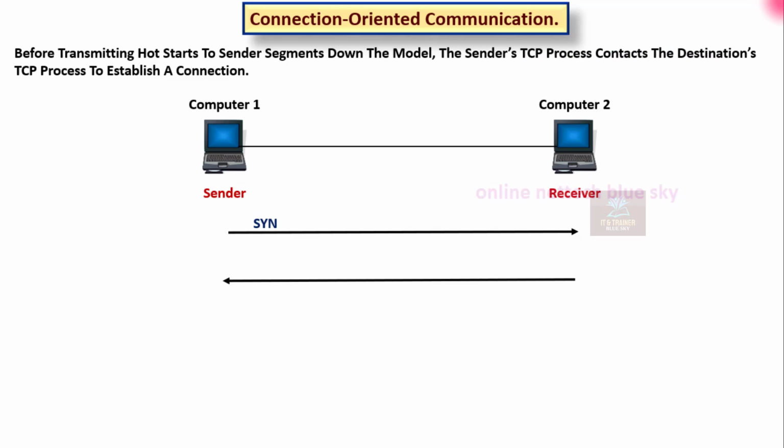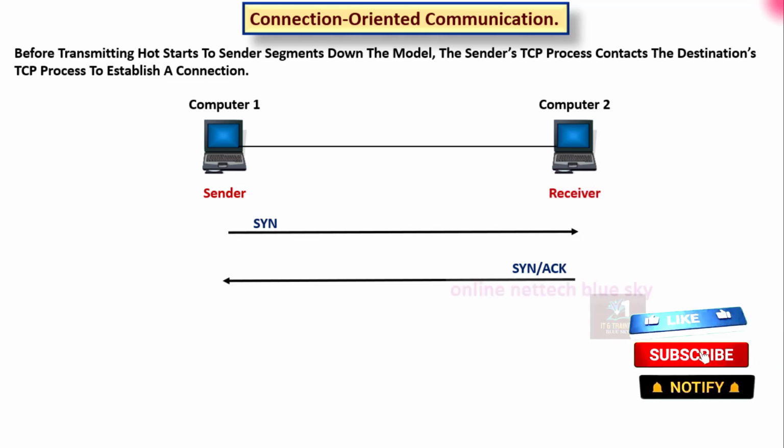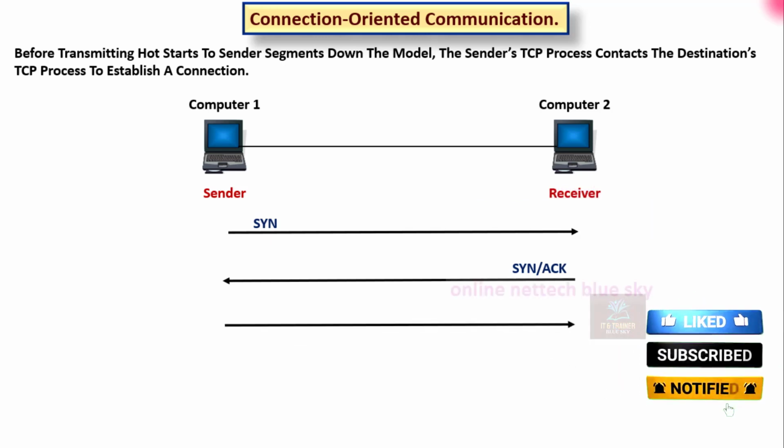That destination means computer number 2. Okay, so sending by TCP protocol and receiving the synchronizing, it gives us an acknowledgement. Okay, giving acknowledgement means one type of yes, I communicate with you.